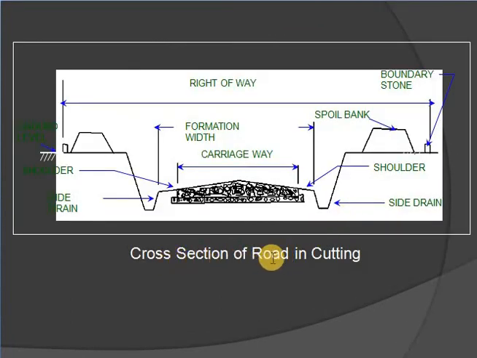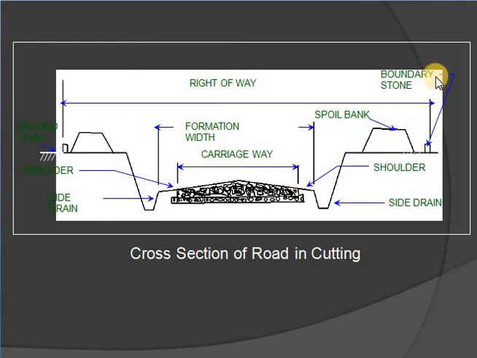So this is the cross section of a road in cutting. This is the actual view you can see. This is the roadway and these are the drains, and these are the spoil banks. This will be in the upper portion, and this is the ground level. When roads are in hills, mountains or any high places, there will be cutting due to the soil condition.